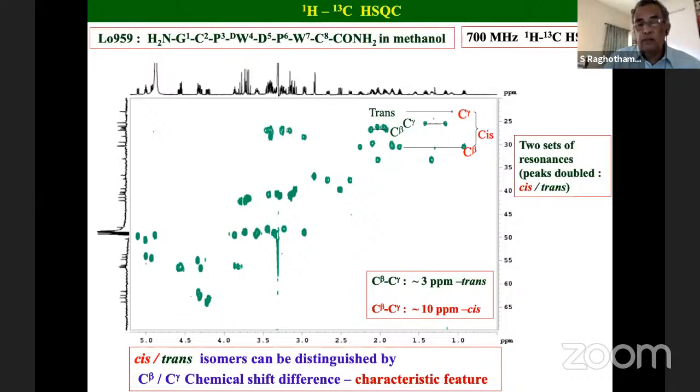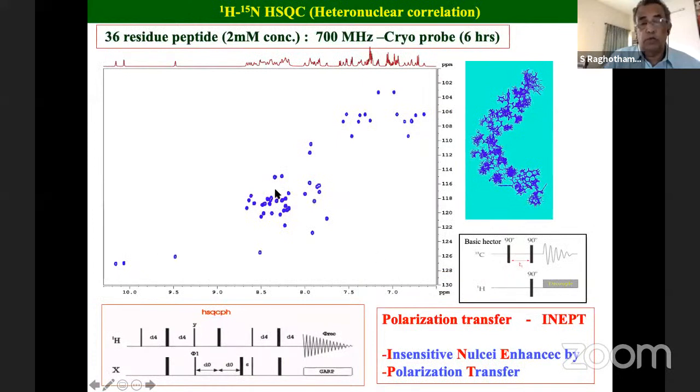Wherever there is a proline, it can occur in cis and trans. The chemical shift of this C beta, C gamma carbon is an important diagnostic for identifying whether it is in the cis form or the trans form. So one can do heteronuclear correlations also, and that's a different pulse scheme altogether.